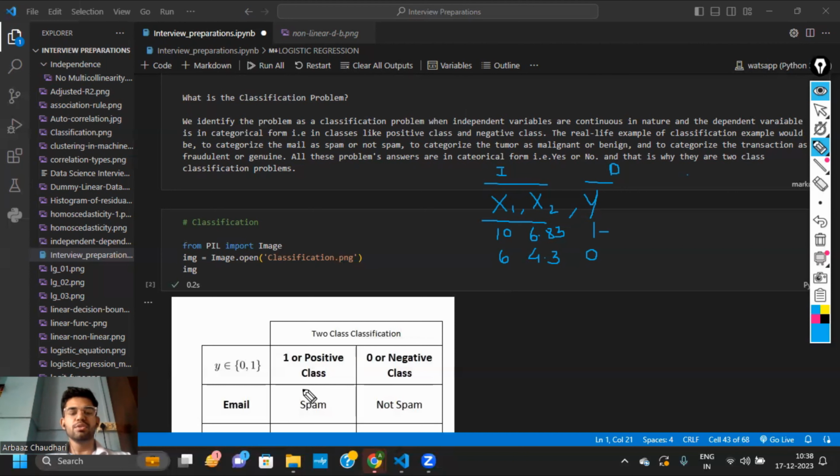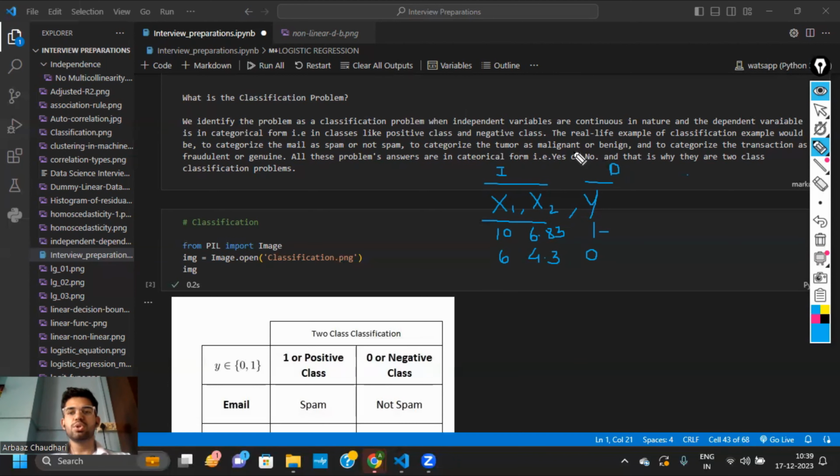So this is the real-world problem where there are two classes. The mail can be spam and it can also be not spam. So these two possibilities are there. So this is the classification problem. One more example: to categorize a tumor as malignant or benign, whether the person has a malignant tumor or a benign tumor.